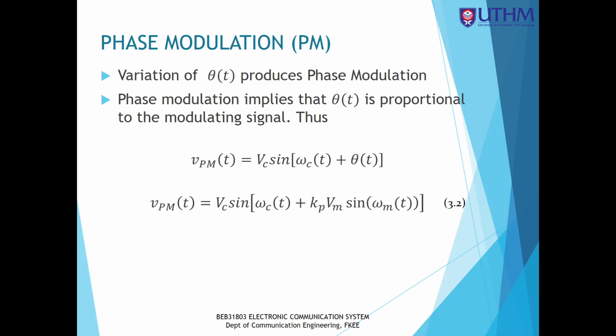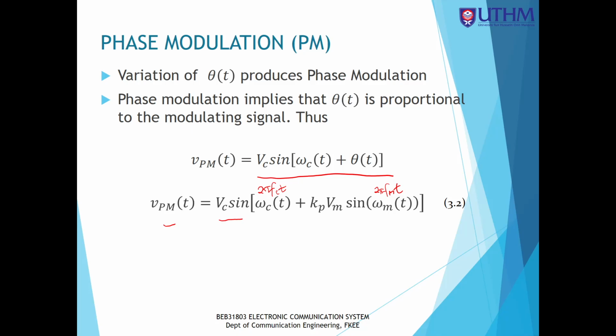From the general equation, we can rewrite the equation for phase modulation, which is Vc sine in brackets omega ct, or you can write 2 pi fct, plus Kp Vm sine omega mt, or sine 2 pi fmt.